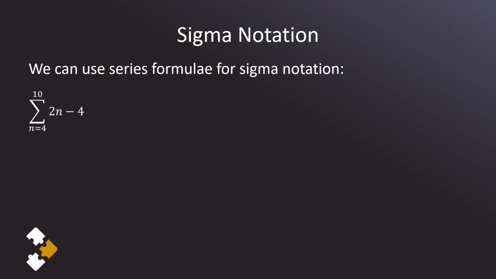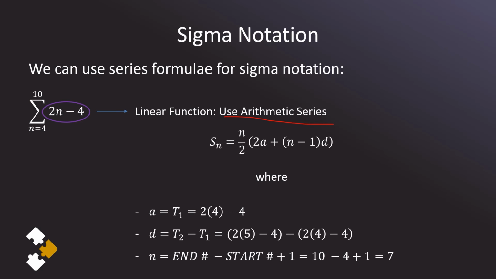More on sigma notation. We can use series formulae for sigma notation. Now, remember, this is the linear function and we'll use the arithmetic series there. Remember, if it's arithmetic, Sn is equal to n/2 (2a + (n - 1)d), where a is the first term. How do you find the first term?